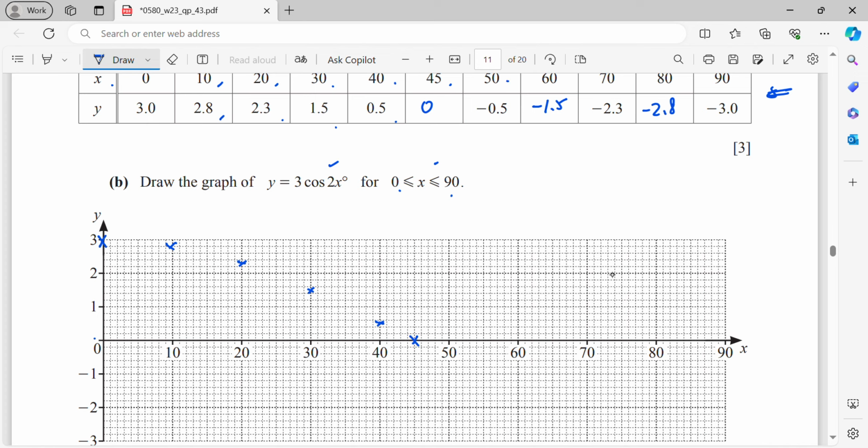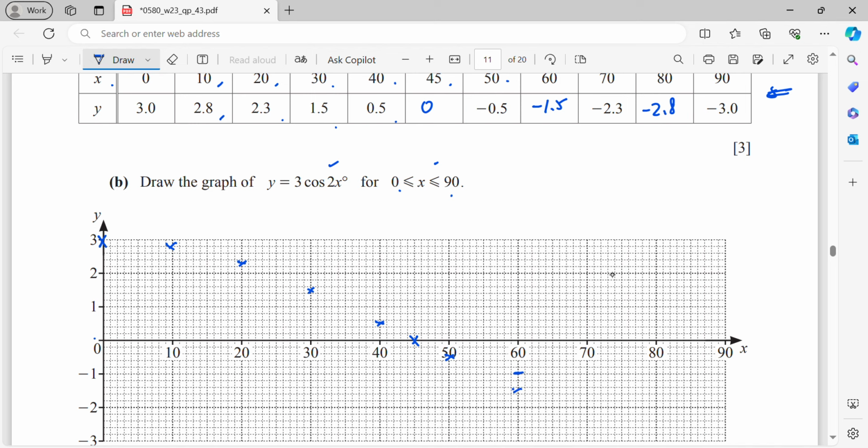Then 45 is 0. 50 degrees, negative 0.5. Then 60 is negative 1.5.